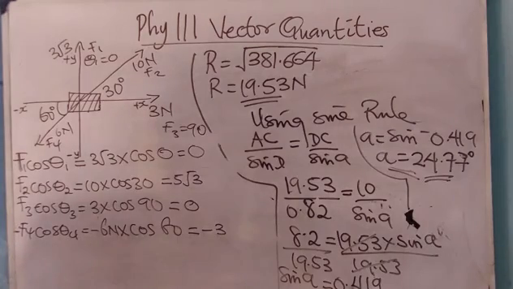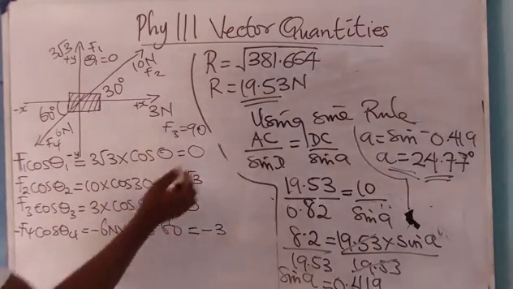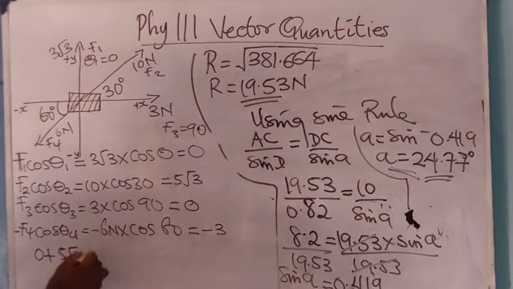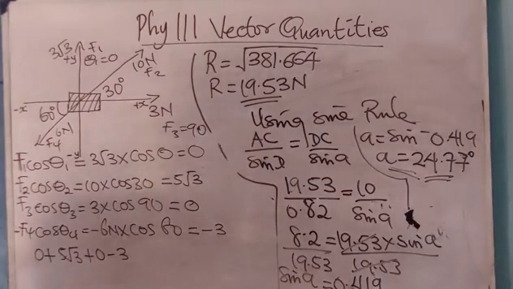So now can I add everything together? You will say 0 plus 5 root 3 plus 0 minus 3.